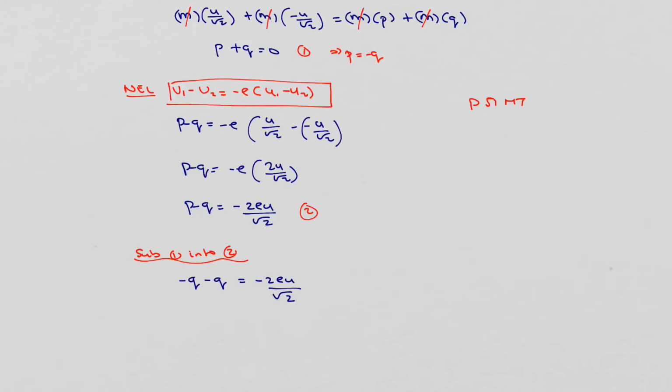So therefore I have minus 2q. So in other words, dividing both sides across by minus 2 gives us q is equal to eu over root 2. And of course, P equals minus Q, I should say, sorry. So therefore P is equal to minus eu over root 2.